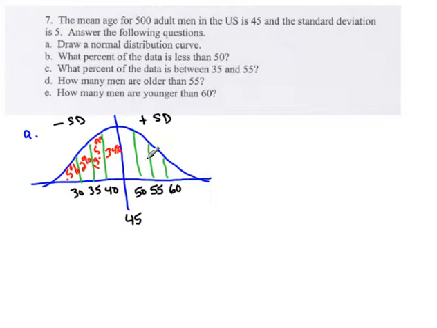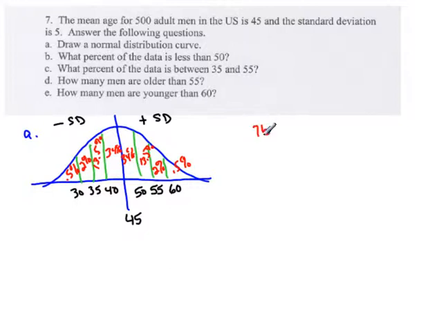And then that repeats on the other side. So that would be 34%, 13.5%, 2%, and 0.5%. And when you add all of those values up, you should have a total of 100%. Now we're ready to answer the questions.